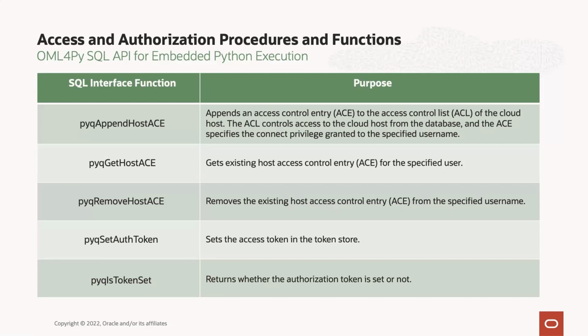The PyQ append host ACE function appends an access control entry to the access control list of the cloud host, and PyQ get host ACE gets the existing host access control entry for the specified user. We can also remove the user by using PyQ remove host ACE. Lastly, PyQ set auth token sets the access token in the token store, and PyQ is token set returns whether the authorization token is set or not.